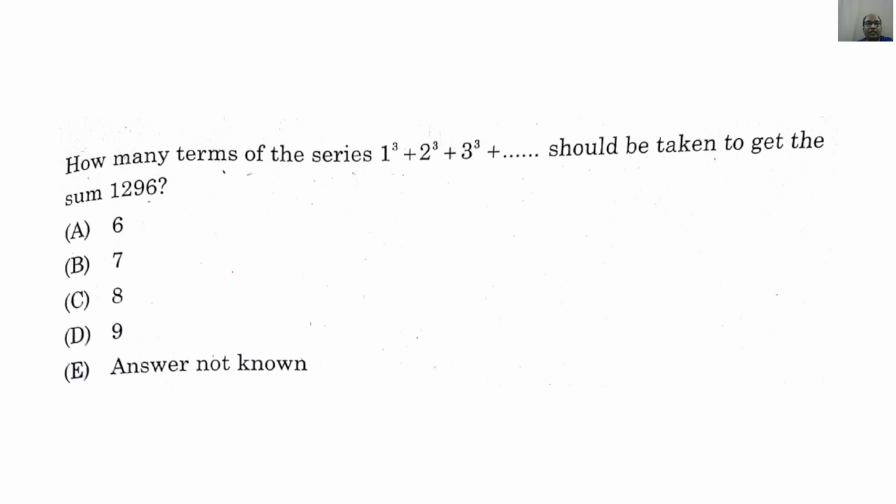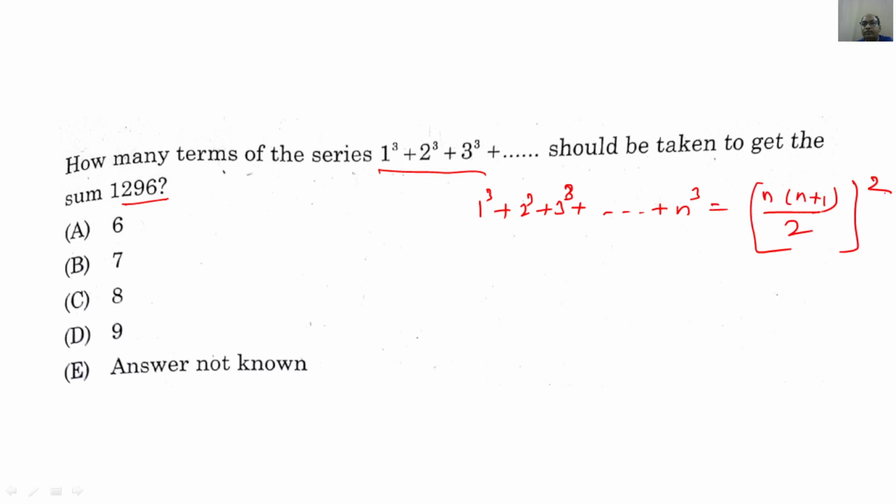Fine. So how many terms of the series should be taken to get the sum 1296? So here consecutive cubic terms of natural numbers are there. We know that 1 cube plus 2 cube plus 3 cube plus so on up to n terms is nothing but n into n plus 1 by 2 whole square.